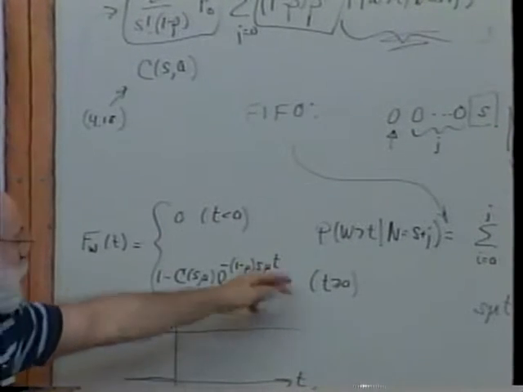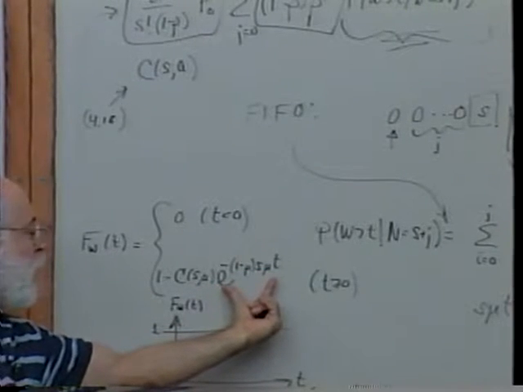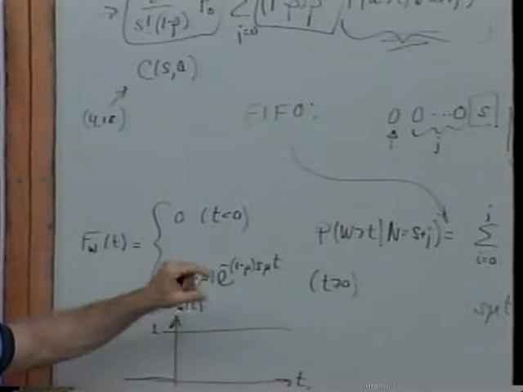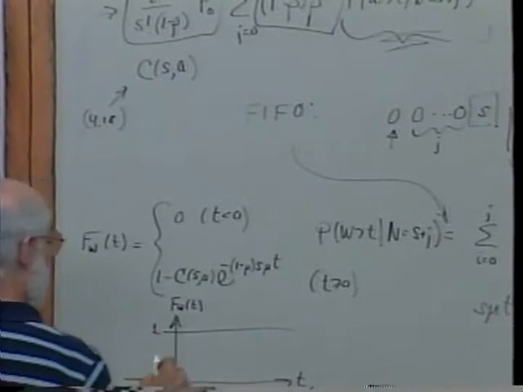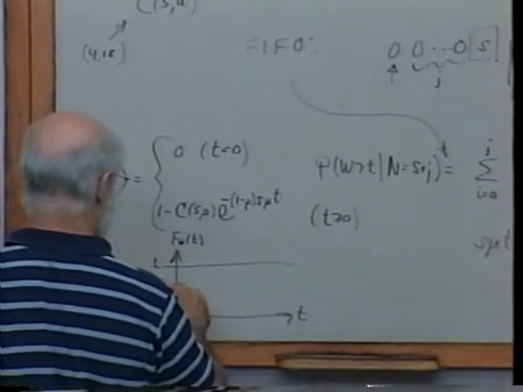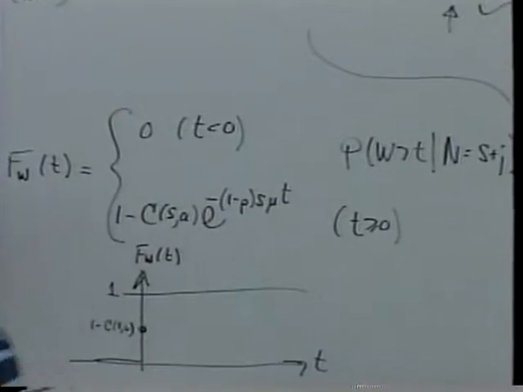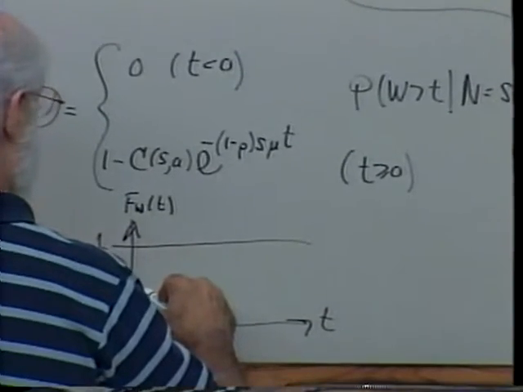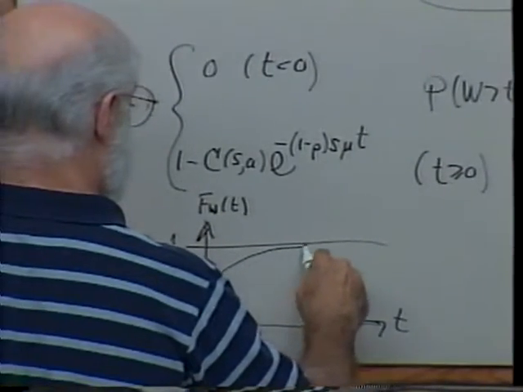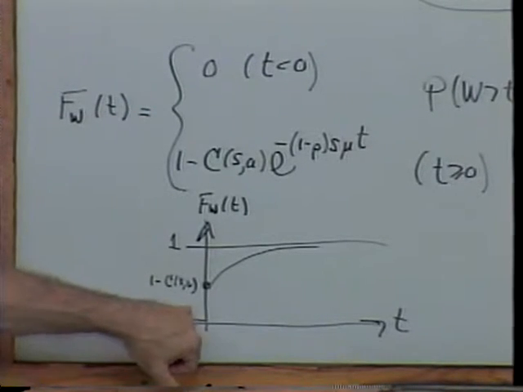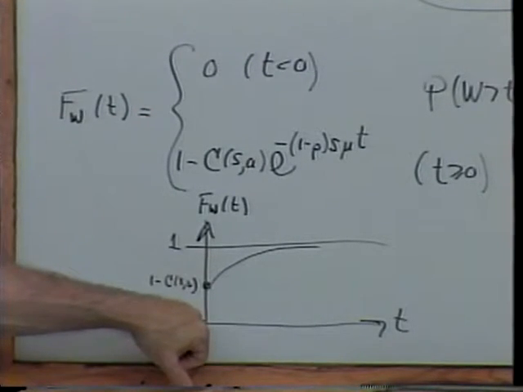And if I plug t equals 0 here, I get 1 for the exponential, so I'm left with 1 minus the Erlang C, which is not 0. It's a positive number. So it might be that value right there. That's 1 minus the Erlang C value. And then after that, as t gets larger, this thing approaches 1 asymptotically. So the distribution function has a discontinuity at the origin.